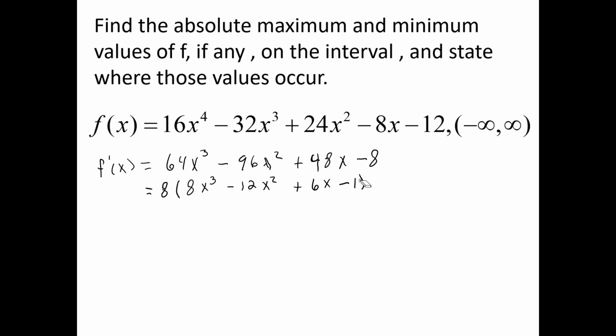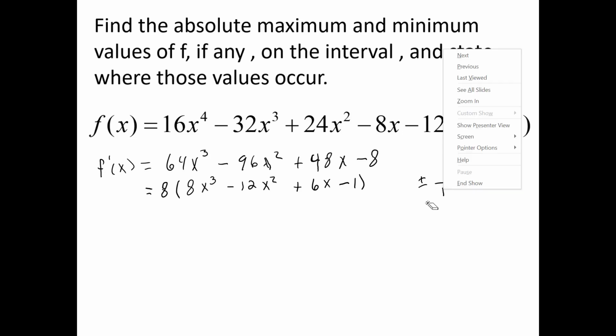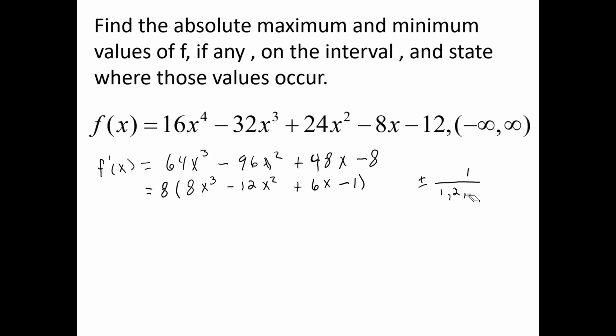And so how do we find the zeros of this? What you learned in pre-calc is that if you're going to have a rational zero, then it has to be a fraction that looks like a factor of 1, which there's only 1, over a factor of 8. So the factors of 8 are 1, 2, 4, and 8.